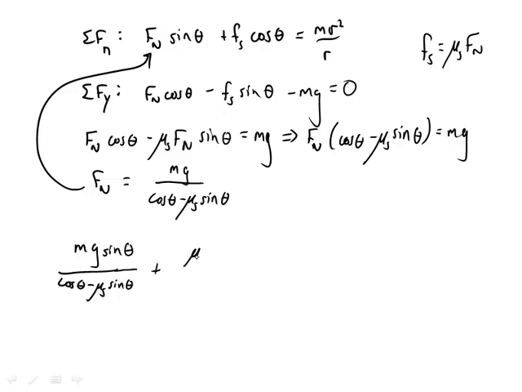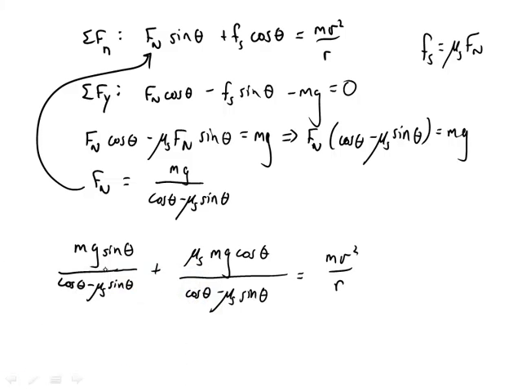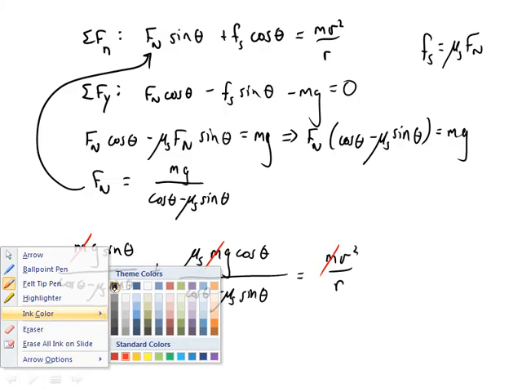So that's going to be mu sub s mg cosine theta over cosine theta minus mu static sine theta equals mv squared over r. And notice, very similar to the last example with the race car, the masses all cancel out. So the mass of the block really has nothing to do with this problem. It doesn't matter.